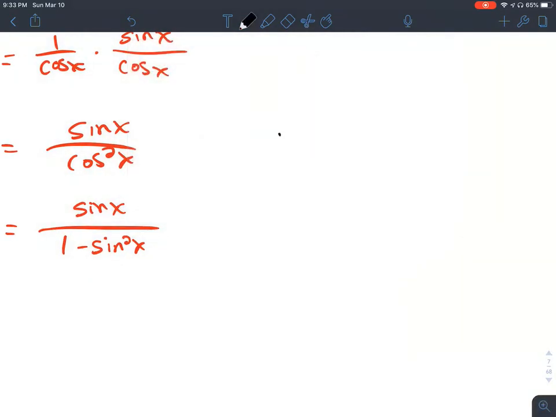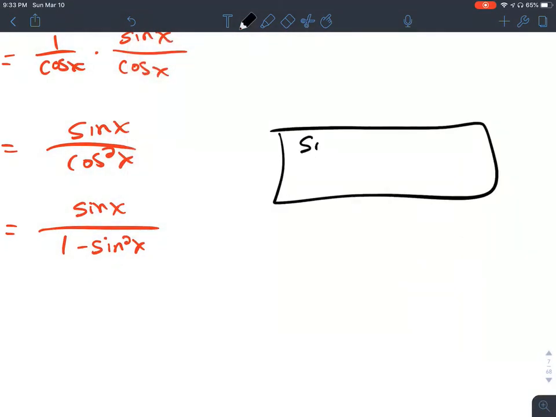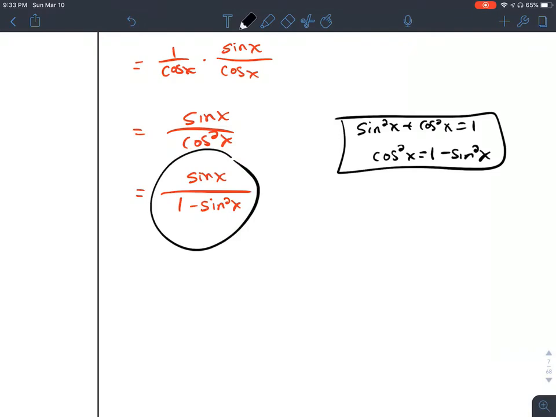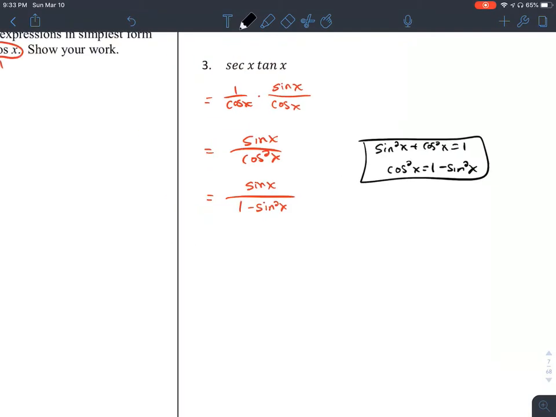Let me prove that to you real quickly with some side work. Pythagorean identity, sine squared of x plus cosine squared of x equals 1. If I get cosine squared by itself, I would subtract sine squared from both sides. So we can leave the answer like this because it's in terms of sine only.